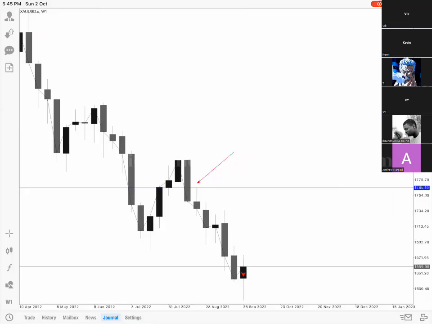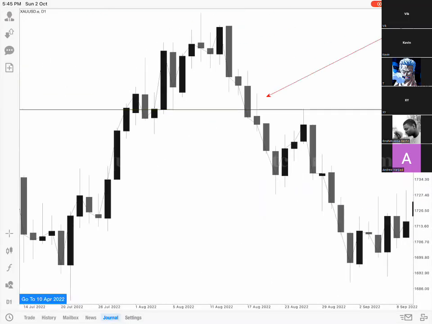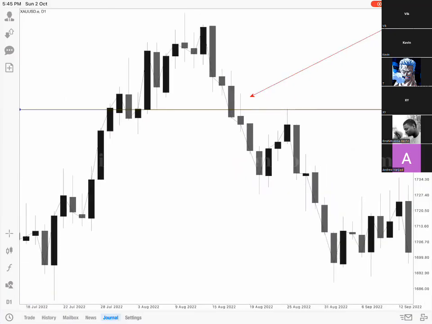You don't need to open daily and look closer. So for example, a weekly buy level, and at the same time, H4 is still in uptrend.